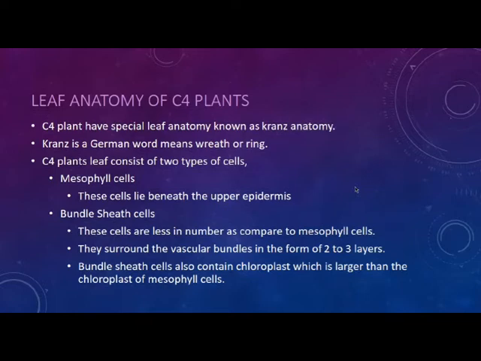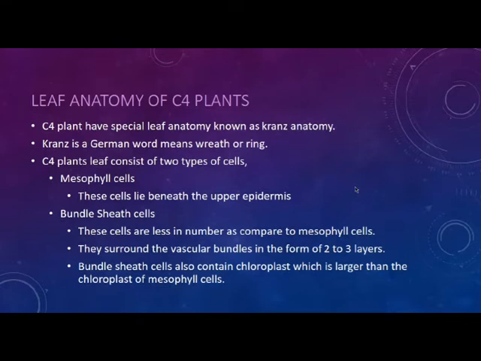The next cells are bundle sheath cells. These cells are less in number compared to the mesophyll cells, because they are present in the form of a ring around the vascular bundles. They surround the vascular bundles in 2 to 3 layers. Bundle sheath cells also contain chloroplast, which is larger than the chloroplast of mesophyll cells.